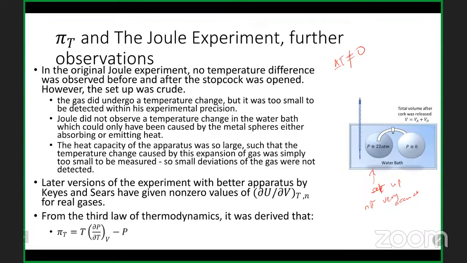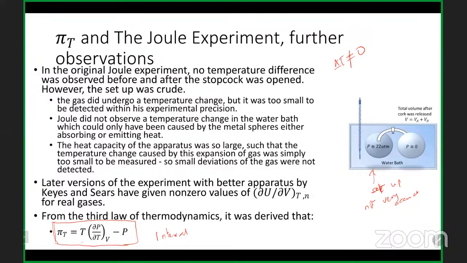From the third law of thermodynamics, we don't need to go into the details, it has been deduced that pi T, the internal pressure, is given by that formula. Please note that formula. The important formulas are the ones that I'm putting up.